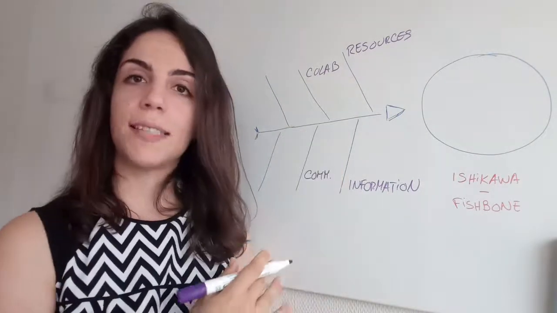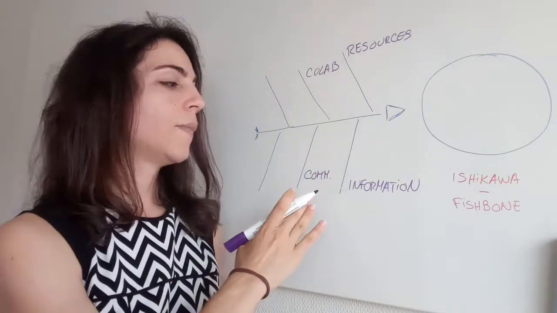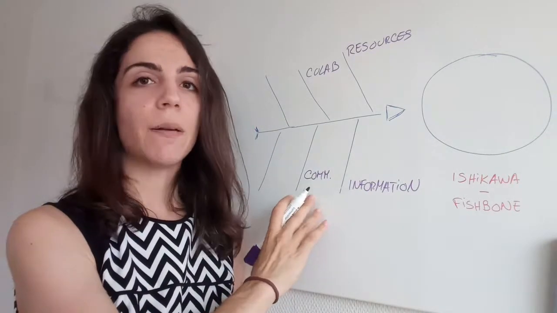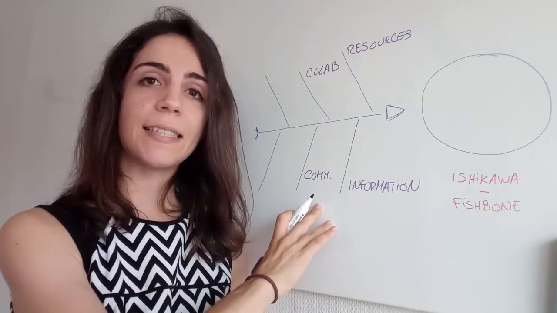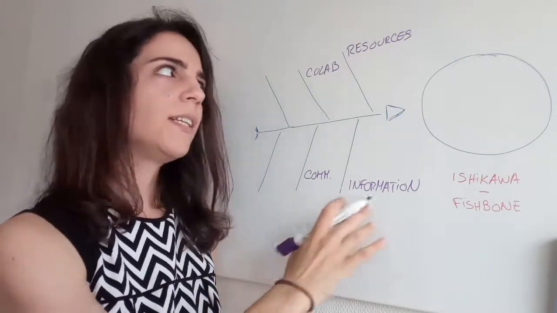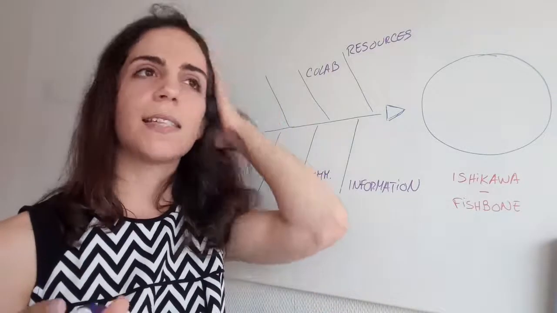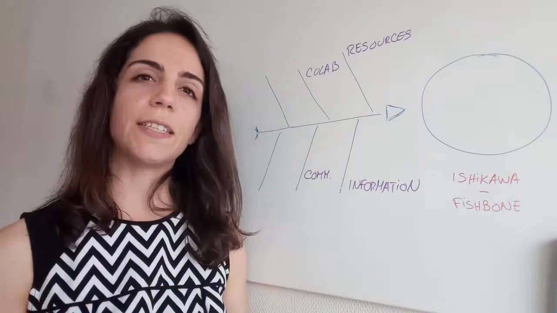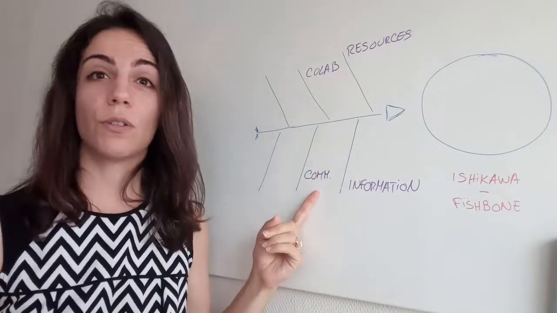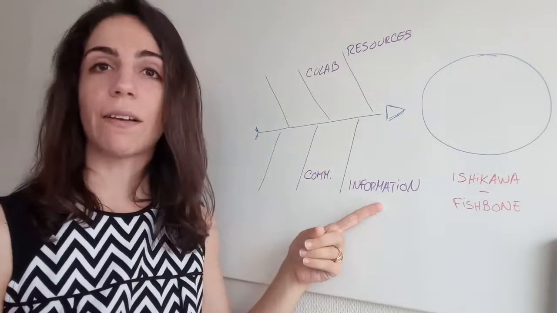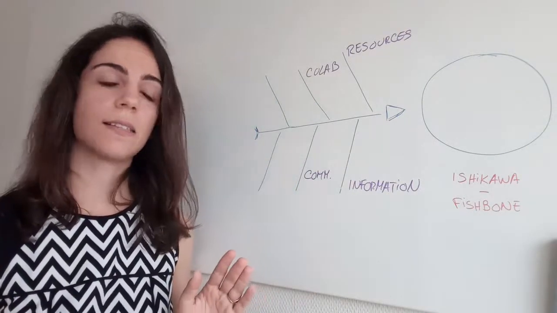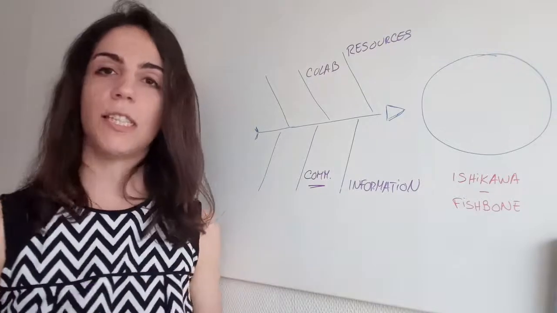However, when you're looking at team performance overall, communication might be something that you're going to fall very easily into. And really take a look at the other ones, because it might be very easy for you to say, yes, it's our communication, we need to communicate more effectively. And the truth is that maybe it's not your communication and it's a lack of information, or it's a lack of something else.